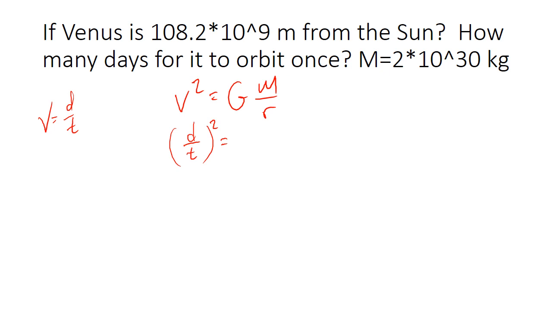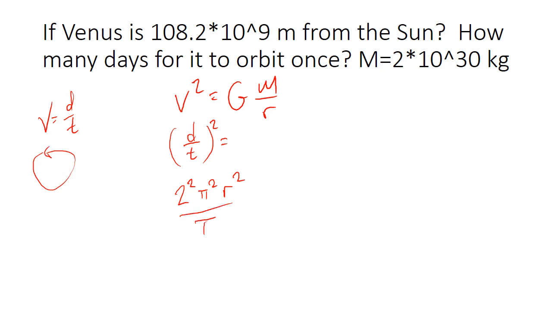Now, what we also know is something about the d. The distance is going to equal the circumference, so this is going to be 2 pi r, because Venus goes in a circle. How far does it go? It goes 2 pi r.